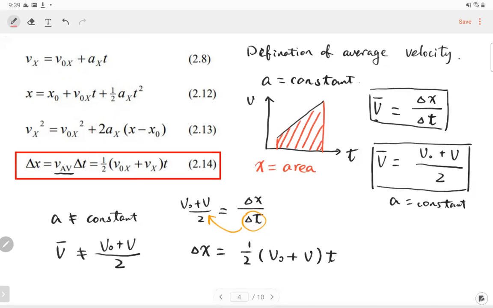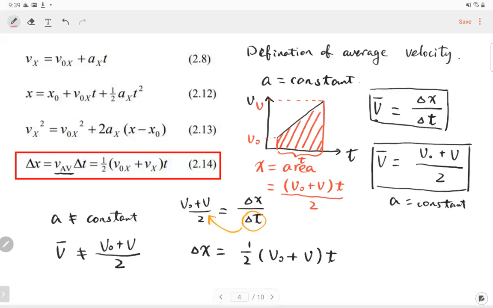From this geometry, we know the area is given by the initial velocity, final velocity, and duration. We have the initial velocity plus the final velocity times the duration over 2.